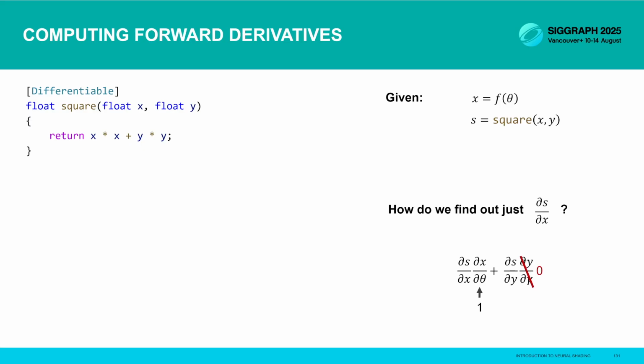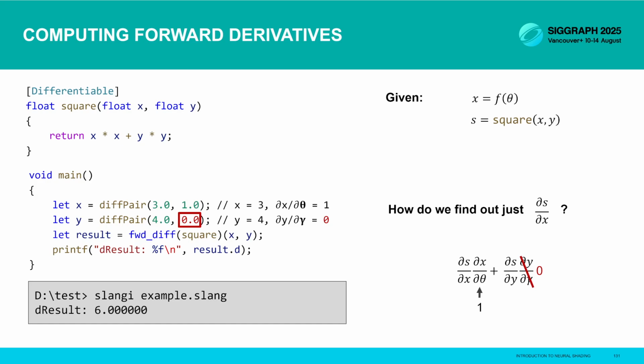If we pass in 0 for partial y partial gamma and pass 1 for partial x partial theta, the result would just be what we want, that is partial s partial x. And this is how you do it in Slang code. And when you run it, you will get 6 because partial s partial x is 2 times x. So this is how forward mode auto differentiation works.